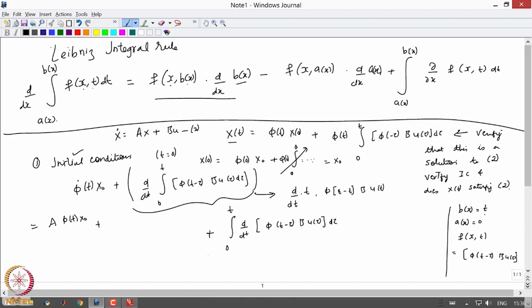So, what is the first term here? dt by dt is 1, and phi of t minus t is the identity. So, I am just left with B u of t. This term here is the simplification of the first term. The second term is 0, and I am looking now at the third term.